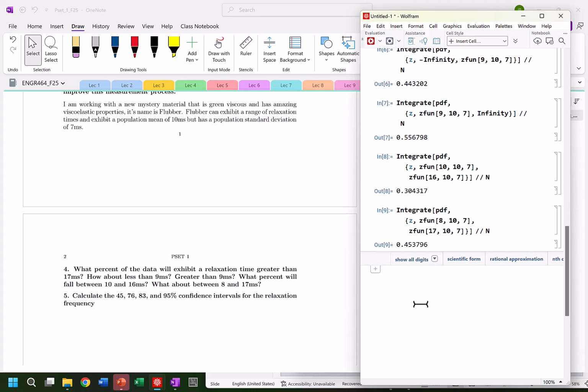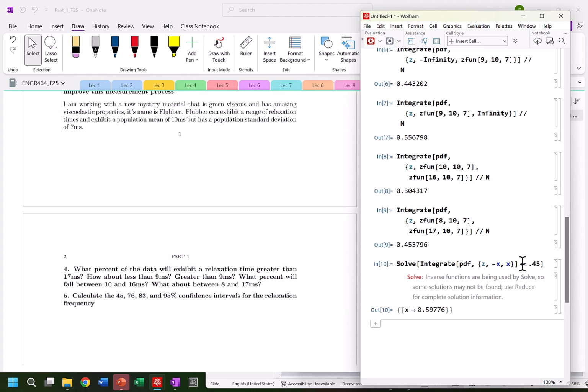Calculate the confidence intervals for the relaxation frequencies. So for example, I need to integrate that PDF over z from minus x to x, and I need to solve for what value gives 0.45.